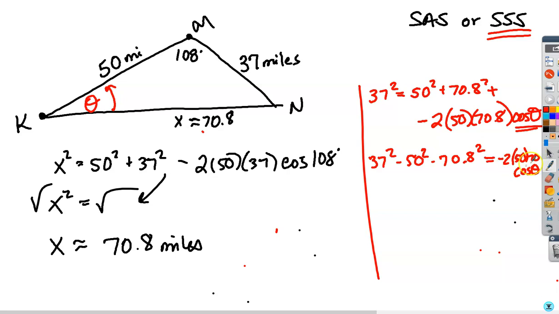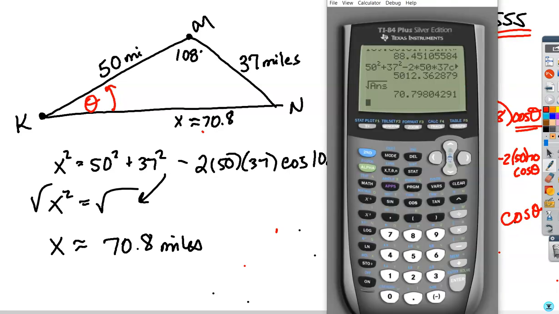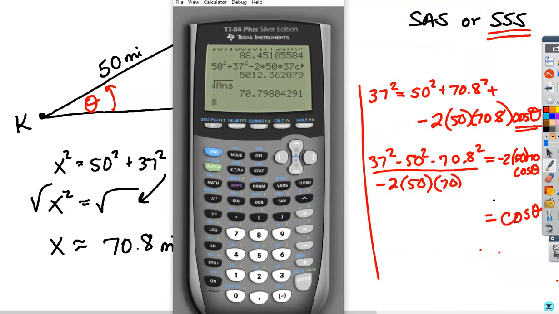So now all of this is being multiplied, which means if I want to get rid of all of that, I have to divide. So I'm going to divide by negative 2 times 50 times 70. Notice I haven't done any of it because I want to keep it nice and perfect until the end. Now I'm going to figure out what this is. Again, I'm going to use my fraction and I'm just going to do everything right in order. 37 squared minus 50 squared minus 70.8 squared.